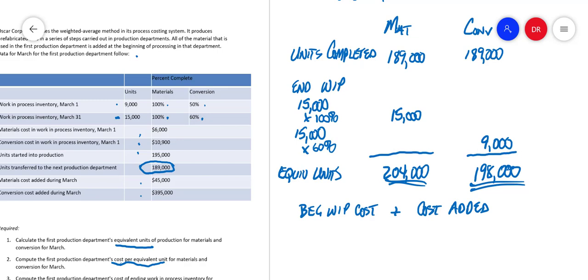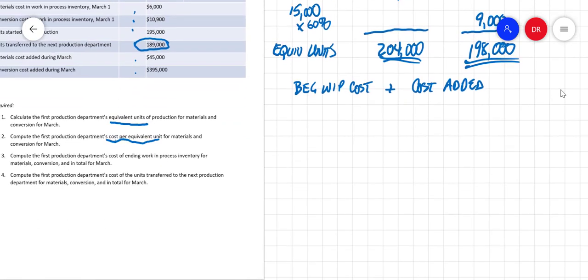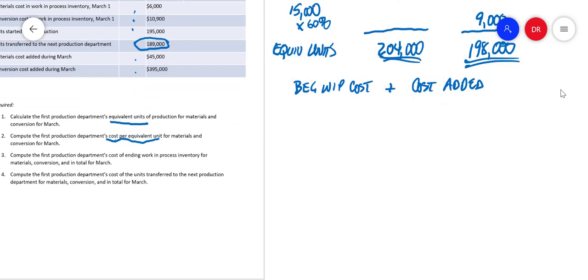Ending work in process is what we look at. So this is not a mismatch. We are including beginning work in process cost plus cost added in the department. We're going to do that for materials, and we're going to do it for conversion as well.